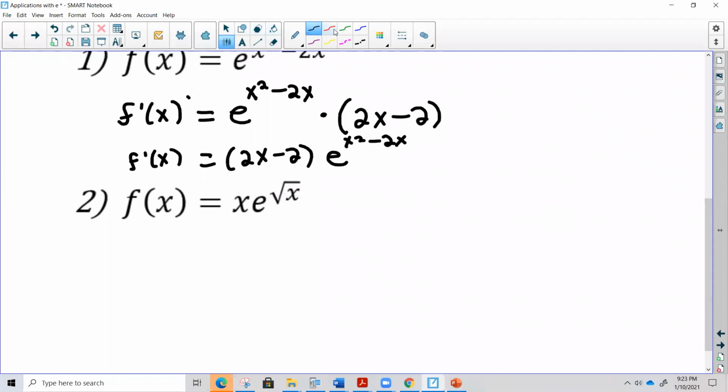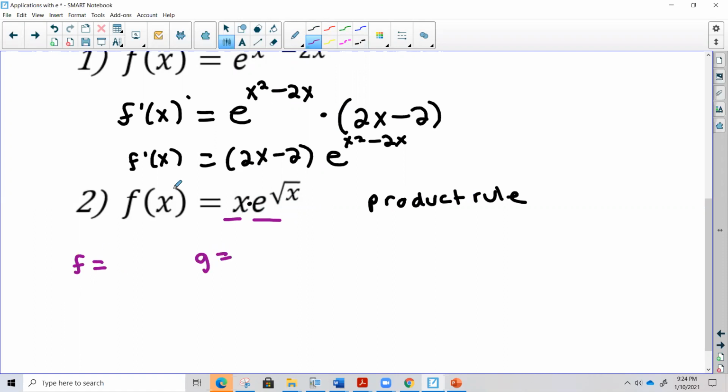So one more example on the derivative of e to the x. So I have x times e to the square root of x, and I have to use the product rule because I'm multiplying two functions of x. So when I do the product rule, I separate the two functions and I call one, you can use any letters, but normal notation is f and g.